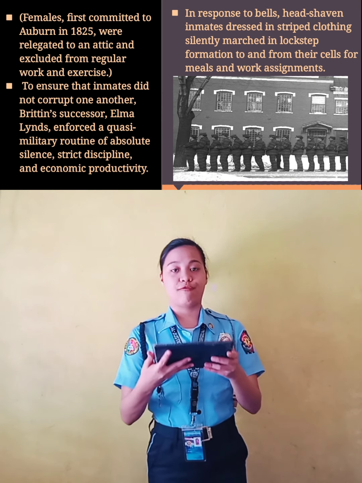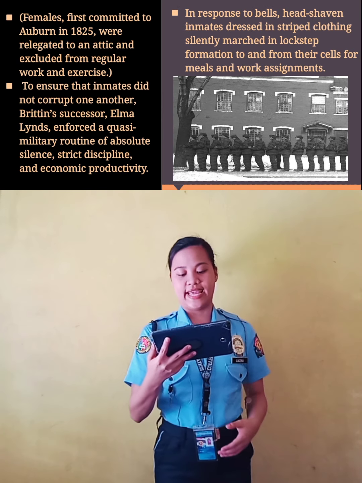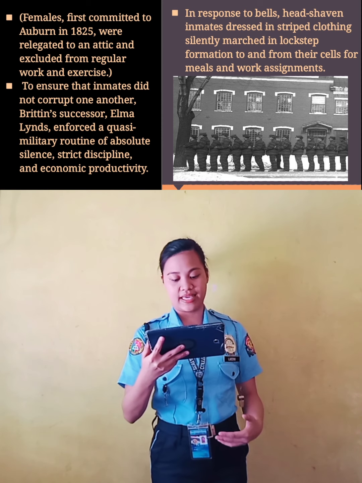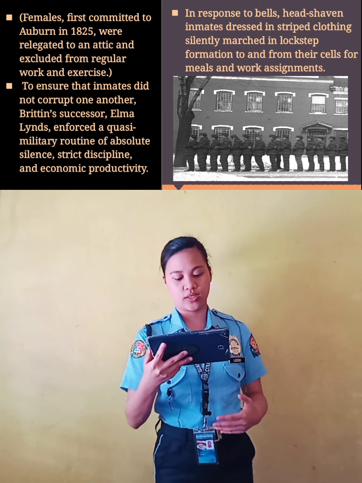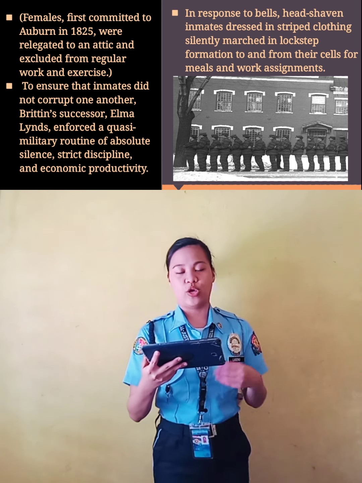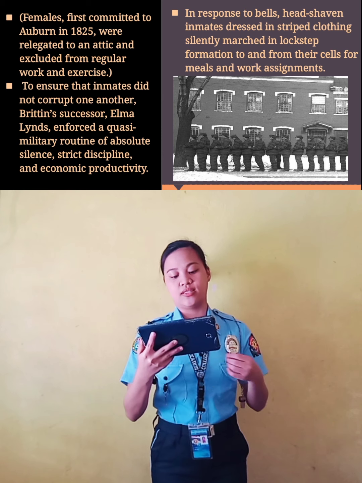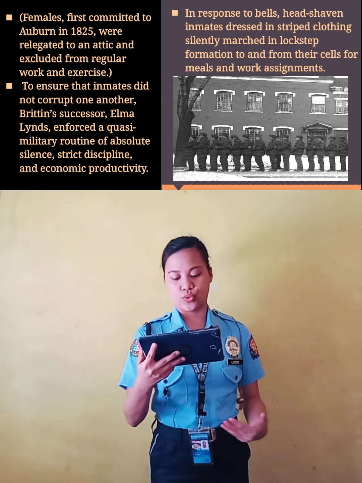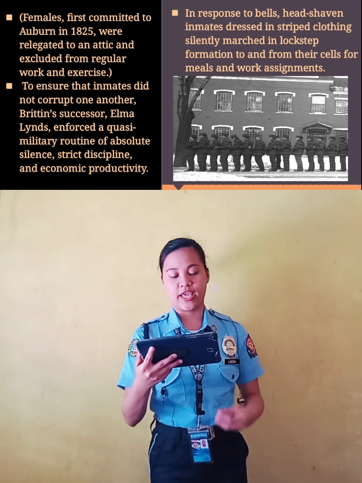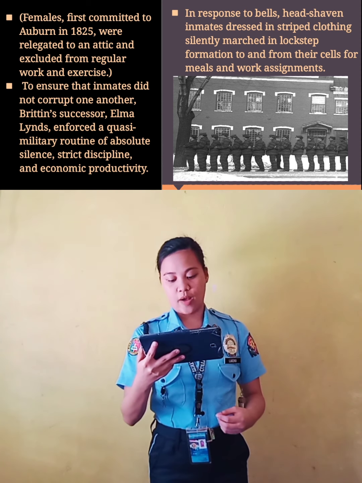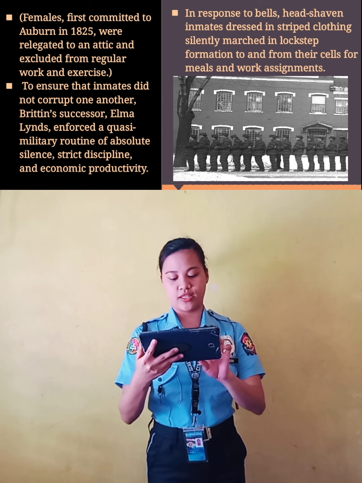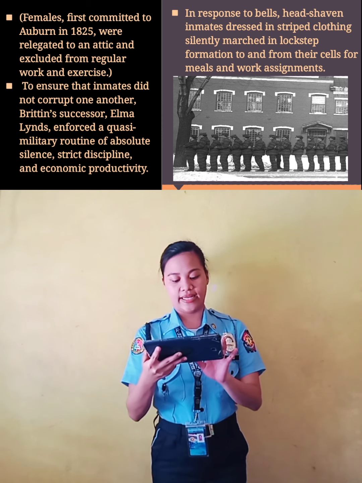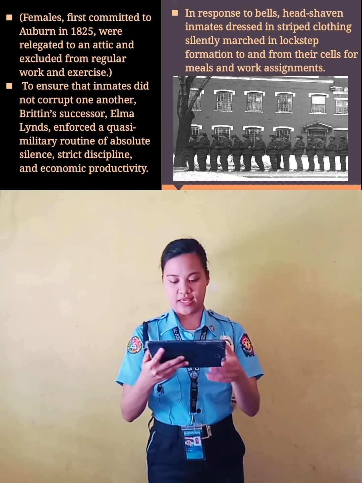Females first committed to Auburn in 1825 were relegated to an attic and excluded from regular work and exercise. To ensure that inmates did not corrupt one another, Britton's successor, Elam Lynds, enforced a quasi-military routine of absolute silence, strict discipline, and economic productivity.